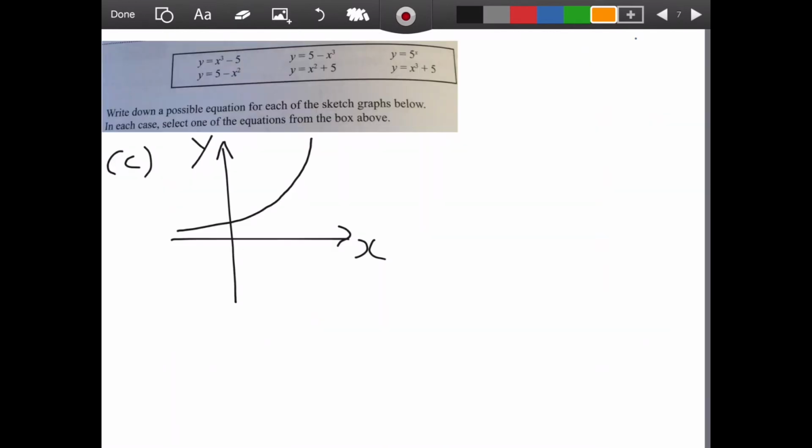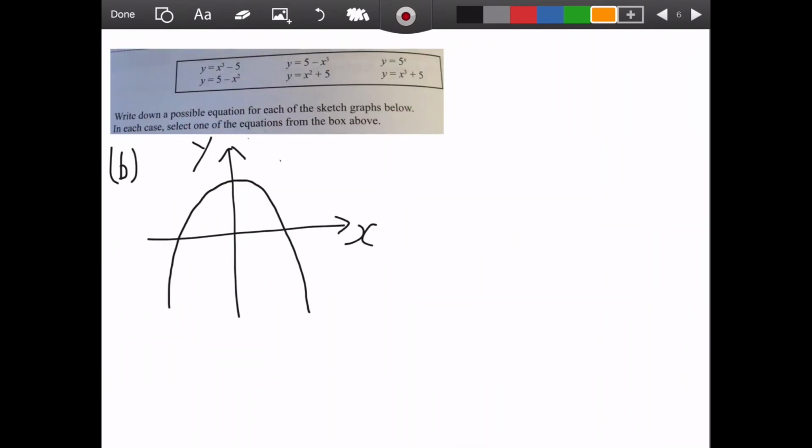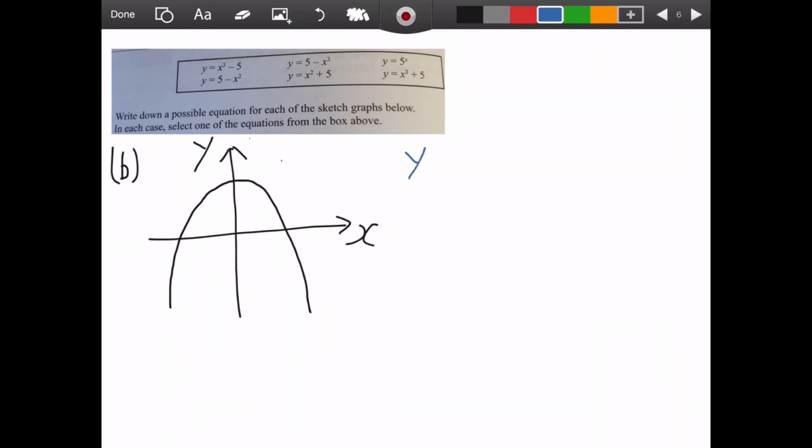Okay, so coming back to the question. This is an inverted bowl-shaped graph. So we know this is a y equal to minus x squared graph, okay? I'll just write it down like that, minus x squared graph.